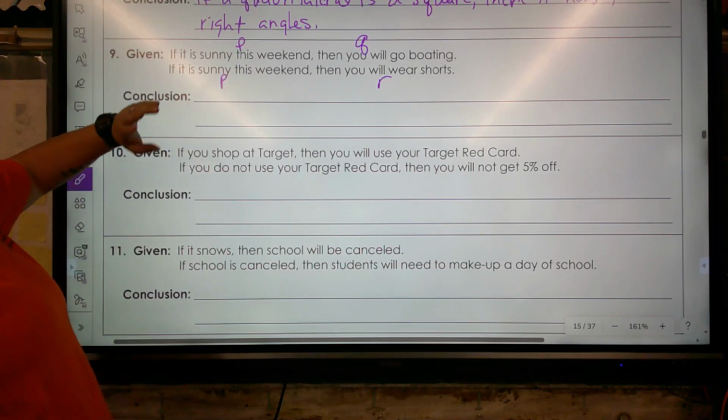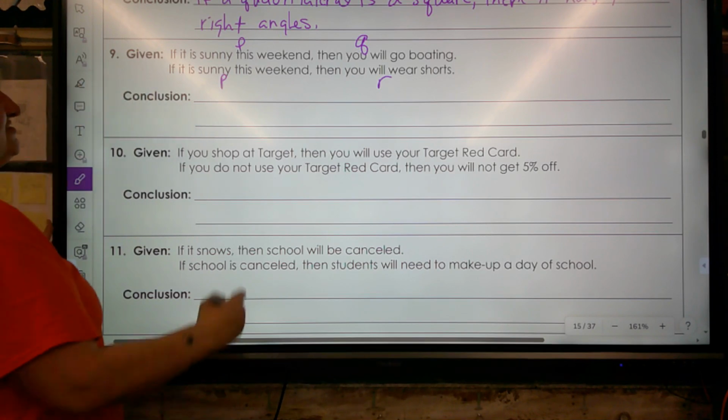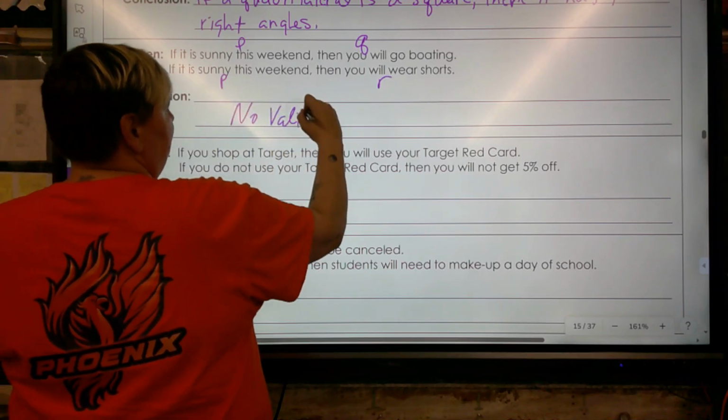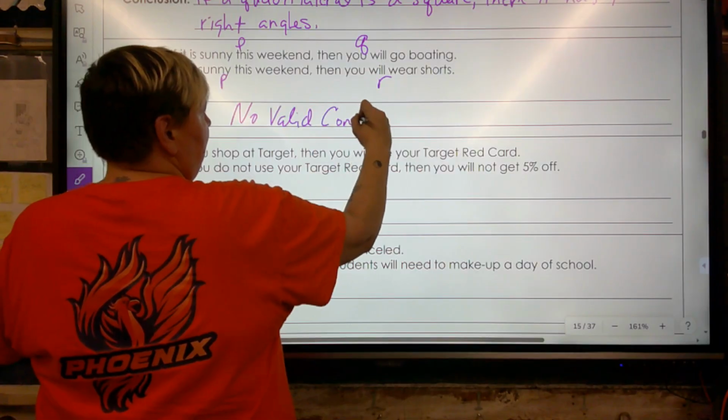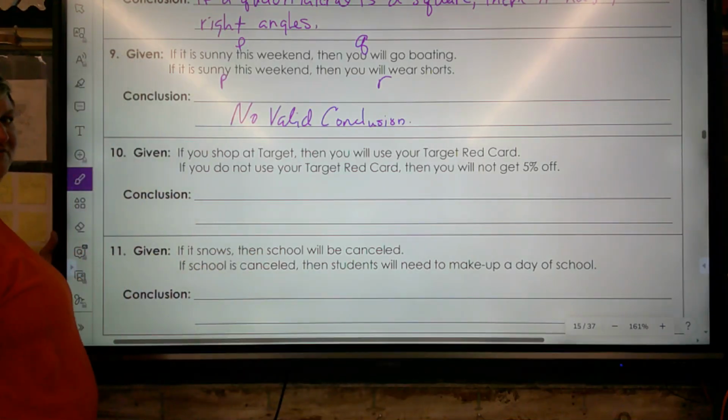Those are two different statements that are unrelated. So because it breaks pattern, you can say no valid conclusion. You cannot draw any conclusions from that information. There is not enough information. Nope.